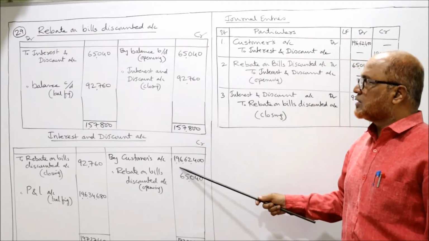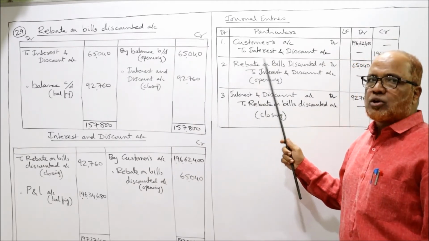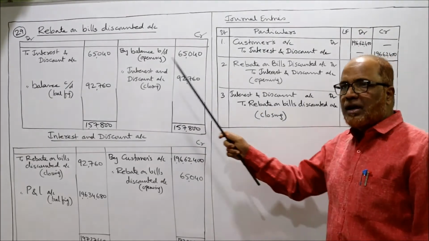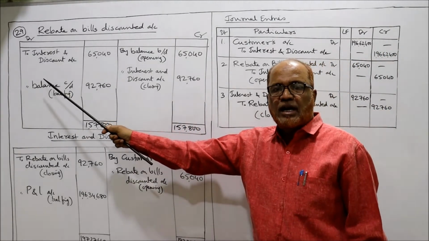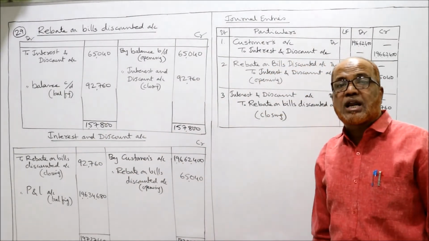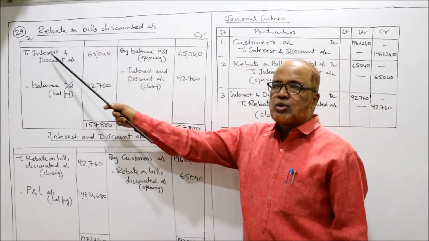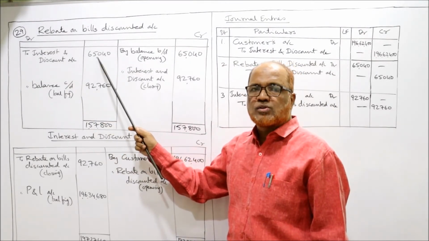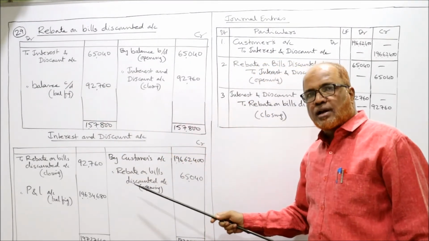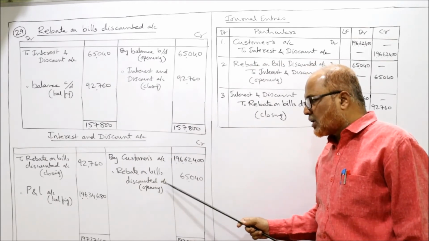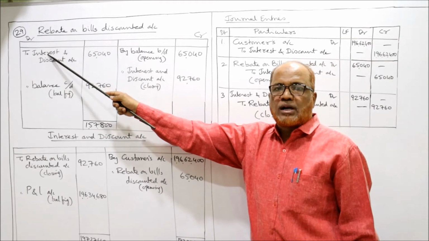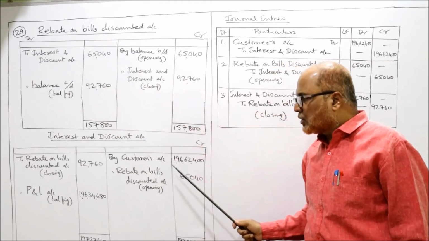First entry posted. Second entry, rebate on bills discounted account debit to interest and discount. So rebate on bills discounted should be debited and interest and discount should be credited. So debit side to interest and discount 65,040 and interest and discount credit side by rebate on bills discounted 65,040. So here rebate on bills discounted is debited and interest and discount credited.